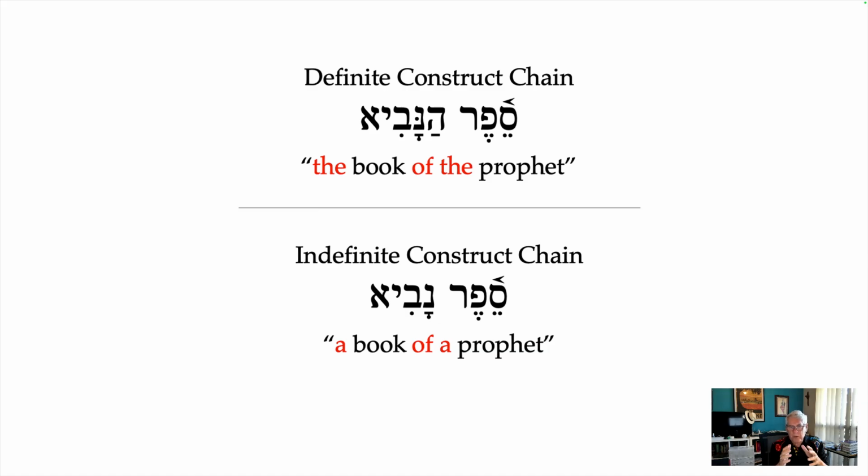When there is no article on the final noun, then it just becomes Sefer Navi, a book of a prophet, or we would say a prophetic book. So if the article is on the final noun, the whole phrase is definite. If there is no article on the final noun, the phrase itself is indefinite.